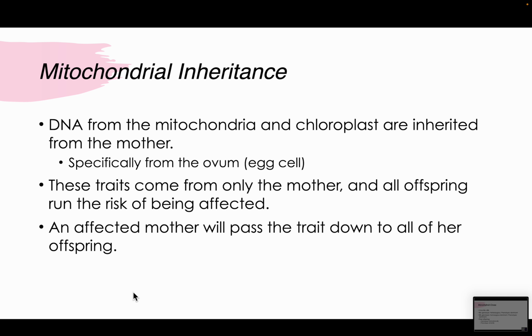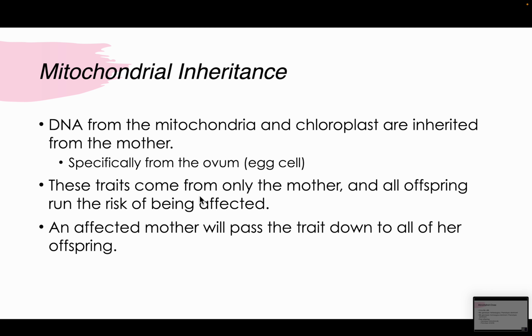Then we have mitochondrial inheritance. DNA from the mitochondria and chloroplast is inherited from the mother, specifically through the egg cell, or the ovum. You get that from your mom, because your dad has sperm cells, not ovum cells.